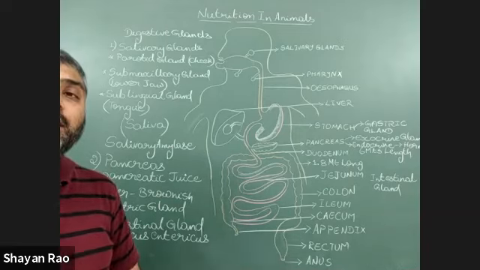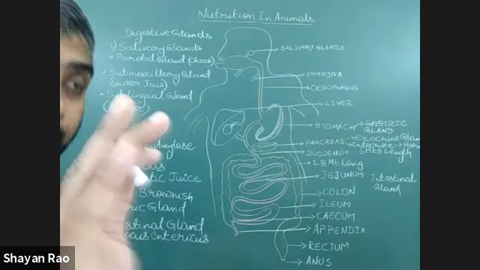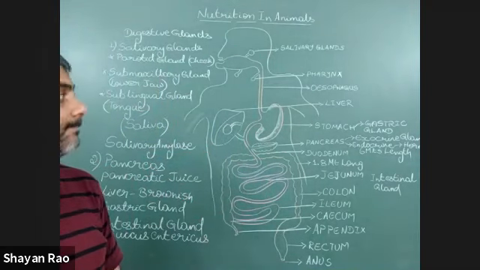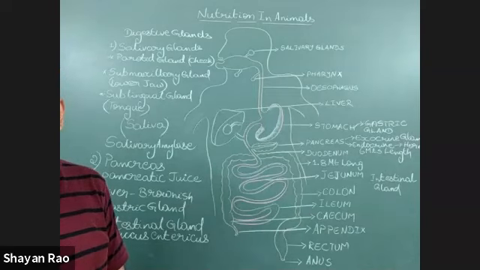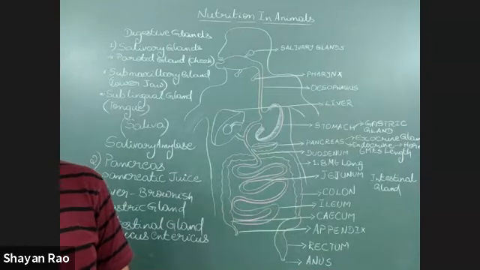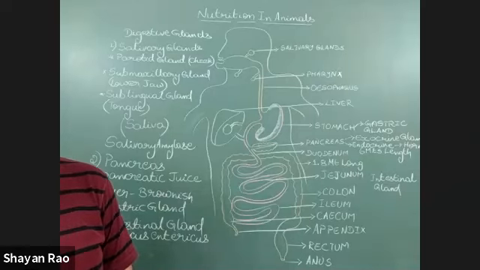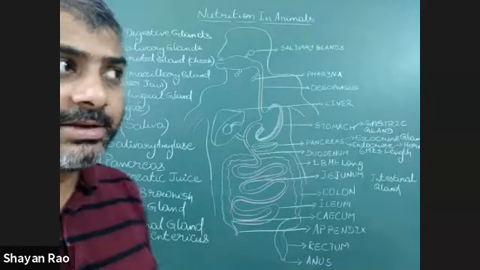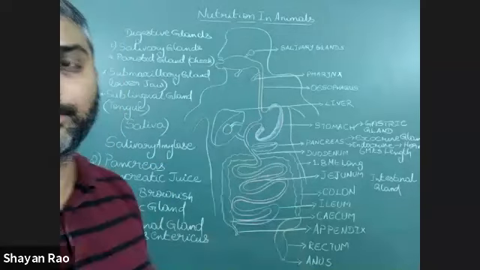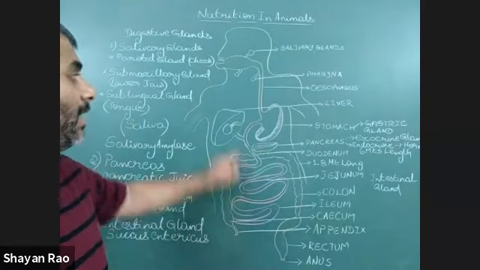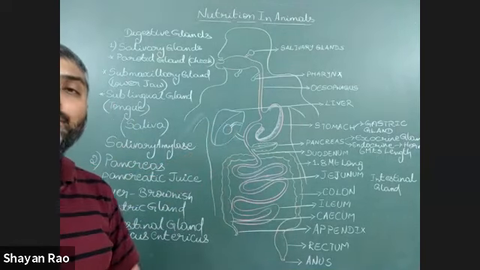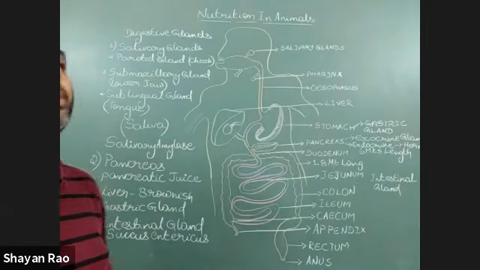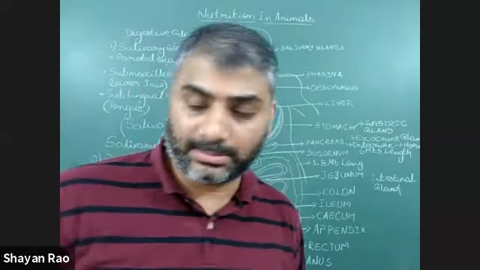The liver contains the gallbladder, and bile juice is secreted and stored in the gallbladder, which contains sodium bicarbonate salt.